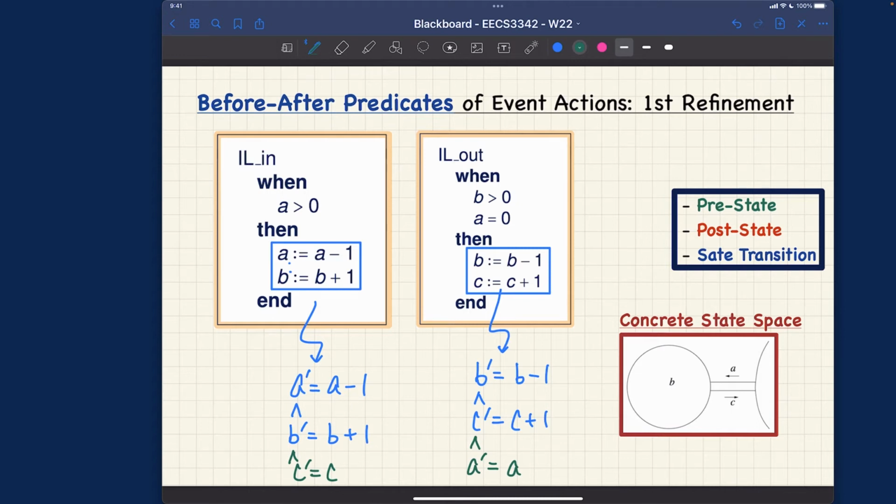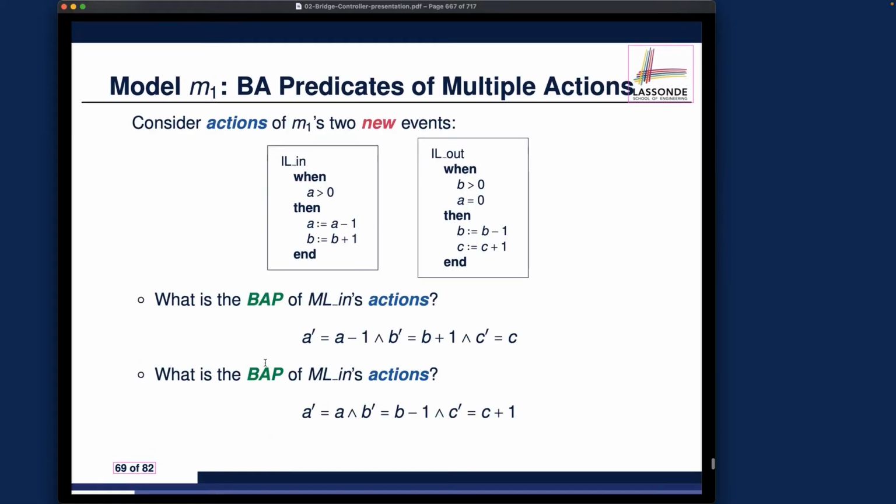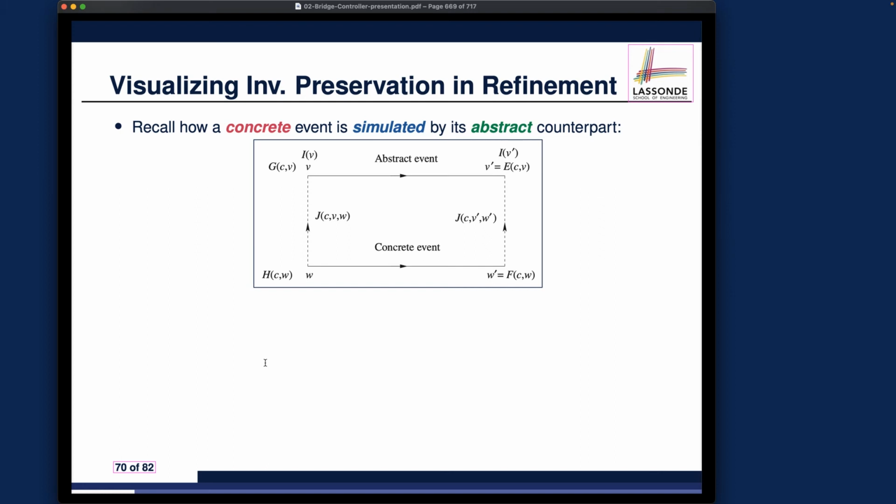Alrighty, and one more background I would like to talk about, but let's now go back to the slides first of all. That's this slide over here I just mentioned about before-after predicate. You can definitely refer to it. And I want to revisit this particular diagram which we spoke about earlier. Remember last week when we tried to prove that the abstract events actually simulate their concrete counterpart. Well, the other way, you can think about for every concrete event that we have, we want to prove it being simulated by its abstract counterpart.